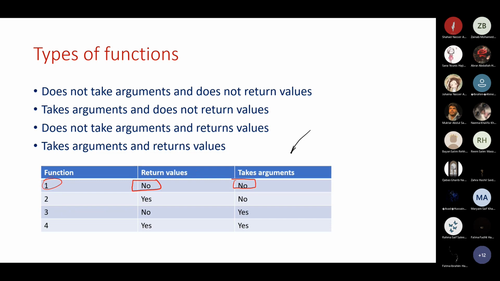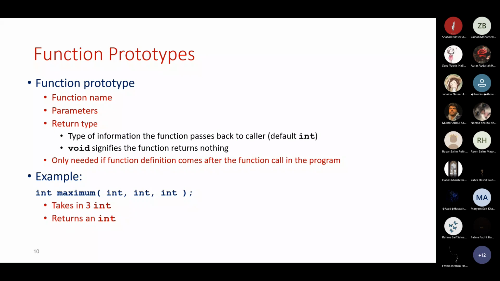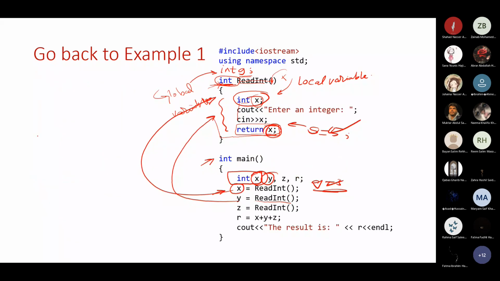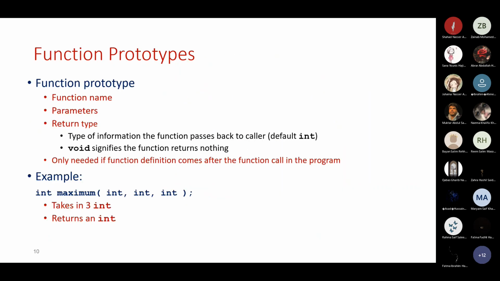I call it, but I don't send any arguments and I don't get any result. The second type returns a value but doesn't take arguments, just like exactly this one. Integer readInt. Here I didn't pass any argument, but I got a value from the function. So this is the second type.